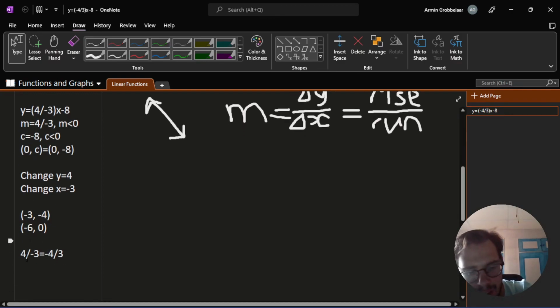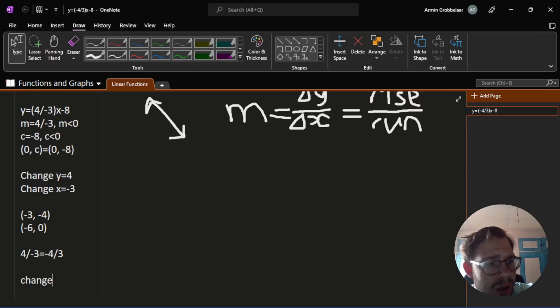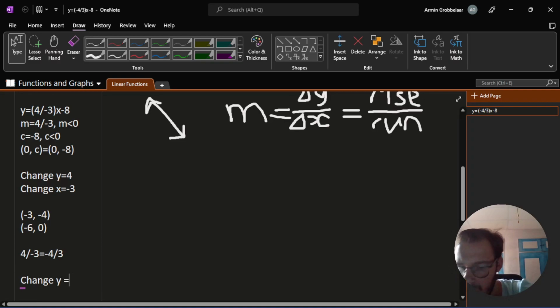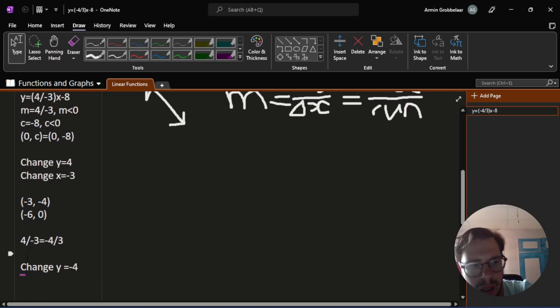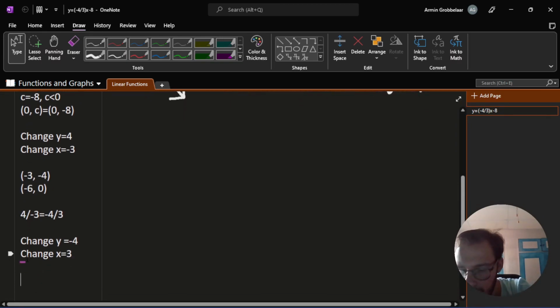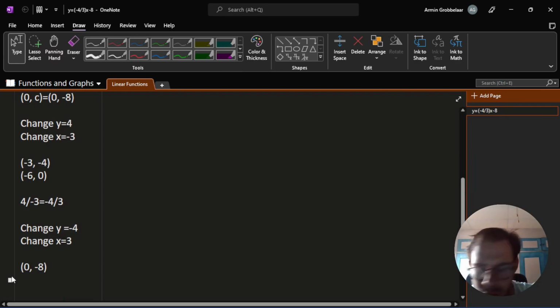So what we can say is the change in y is equal to minus 4, and the change in x is equal to 3. Then, like above, we still use the point 0, minus 8, but now the change in x is 3, so we have the point 3. Then the change in y is minus 4, so minus 8 minus 4 is minus 12.